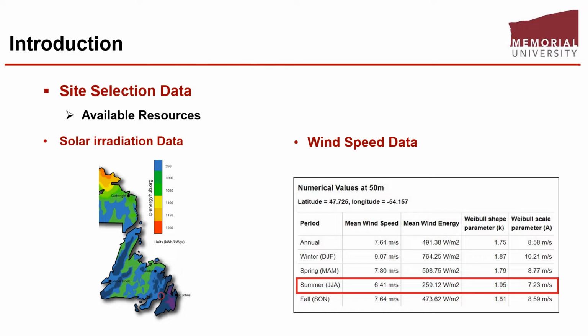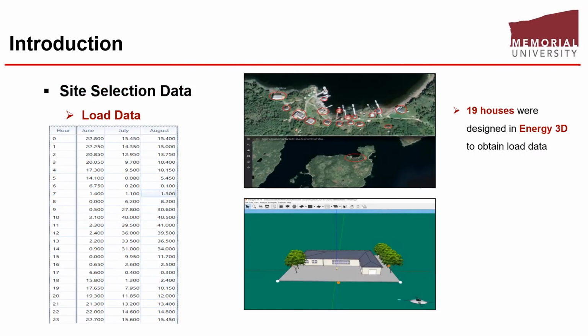The location highlighted by a circle is the Woody Island Resort, and it can be seen that the solar irradiation is 950 kilowatt hour per kilowatt per year, and the wind speed data highlighted is for summer, because the load is active for 3 months in a year for the Woody Island Resort. So the summer has a mean wind speed of 6.41 meters per second, with other data. So it can be seen for designing the hybrid power system for Woody Island Resort.